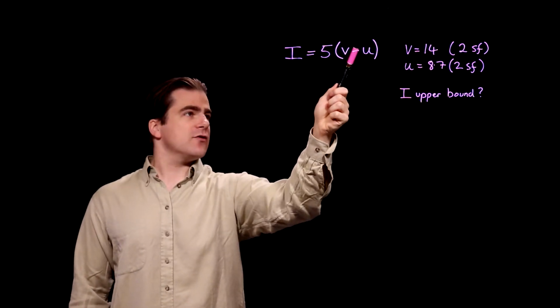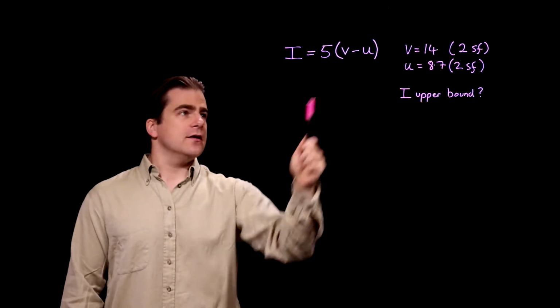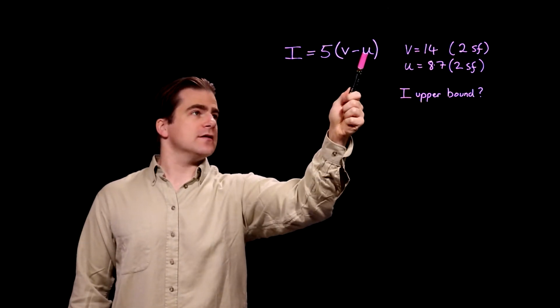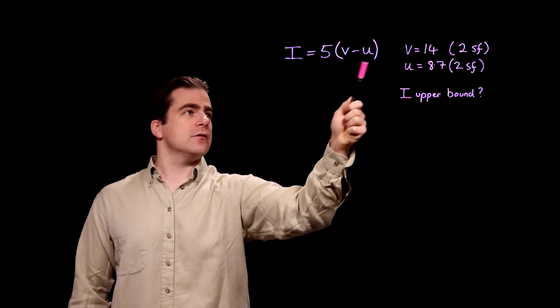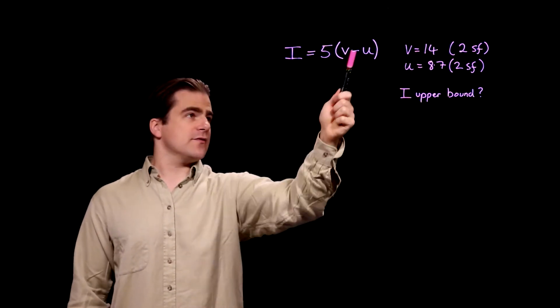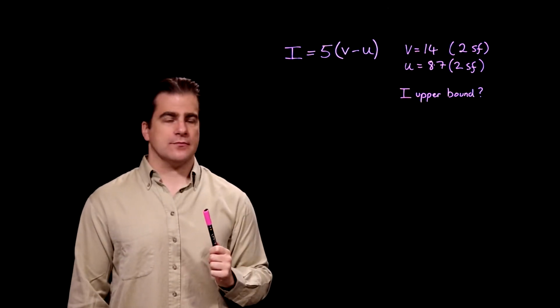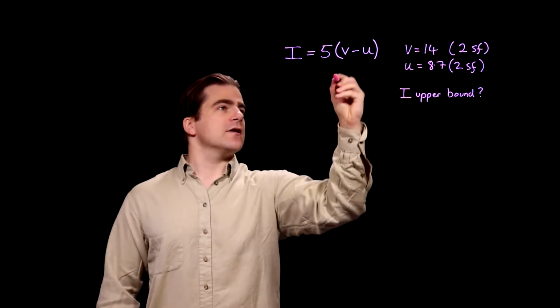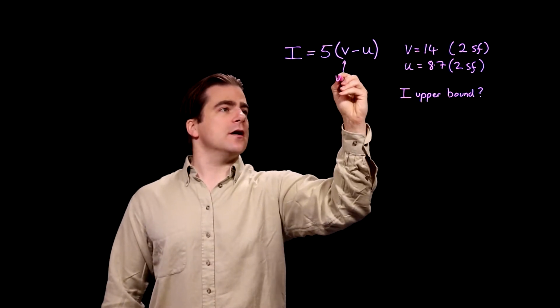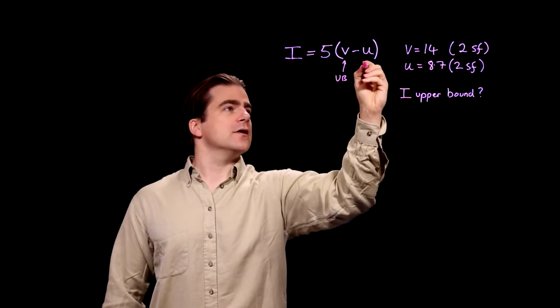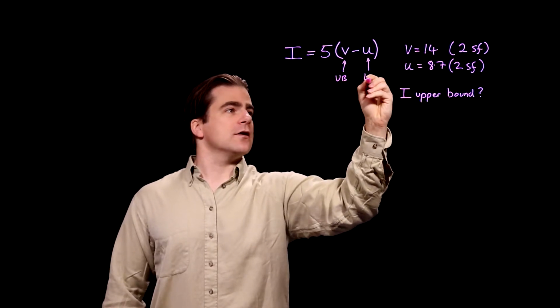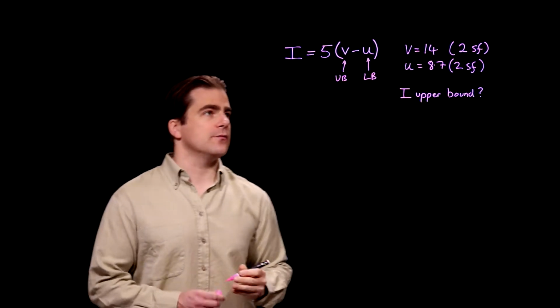But because we're subtracting u from v, the smaller u is, the bigger this whole thing is. So we have to take the lower bound for u. Okay? So we're going to take the upper bound for v and the lower bound for u.